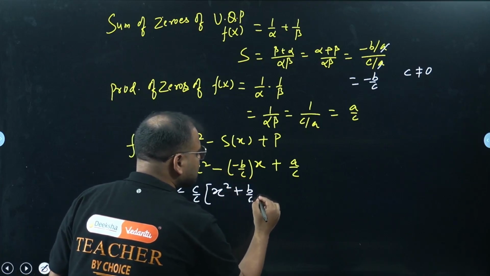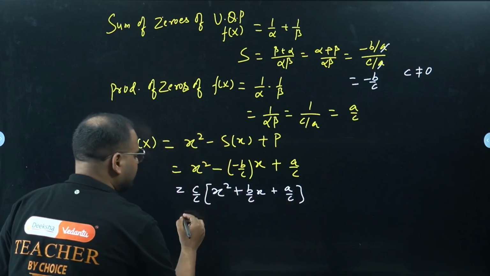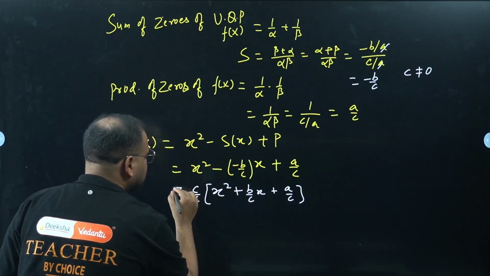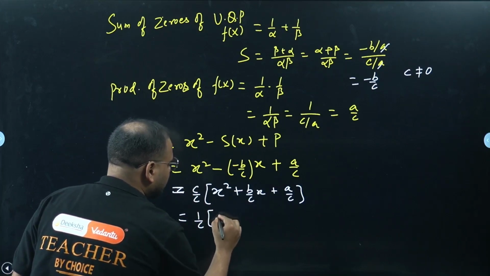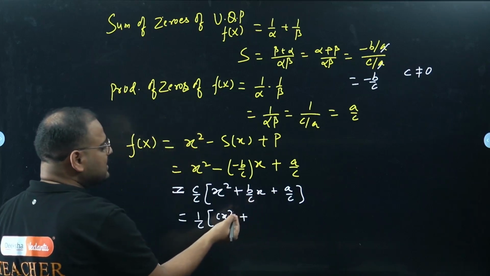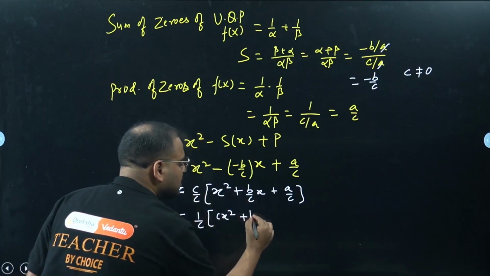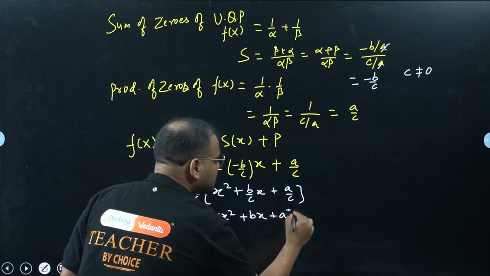So plus b by c x plus a by c. I take one c outside, and this will become c x square plus b by c into c, which is just b, and c into a by c is just a. Now don't say, sir, how?